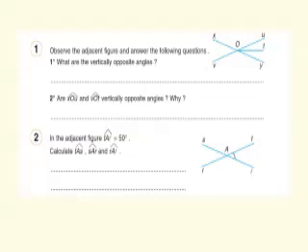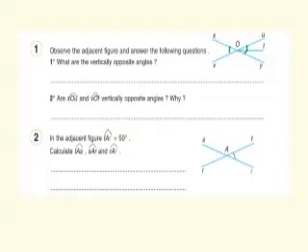And now an exercise about vertically opposite angles. If you observe the adjacent figure, you have to list all the vertically opposite angles. XOV, I'm going to mark them. XOV is vertically opposite to UOY. Why?